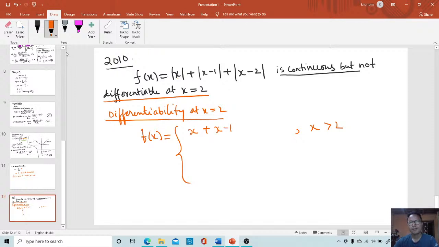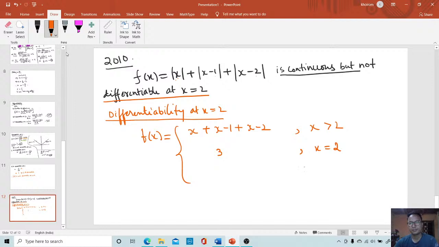And x minus 2 is positive for x greater than 2, so modulus of x minus 2 is x minus 2.